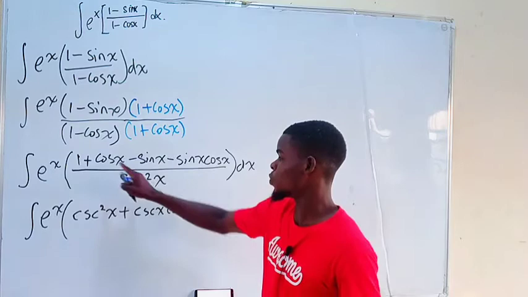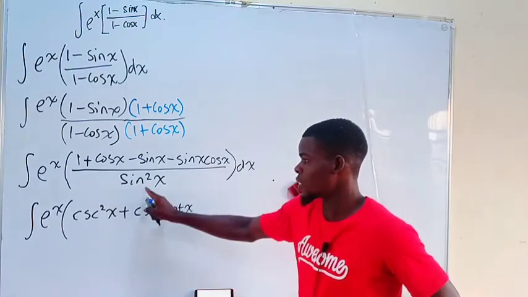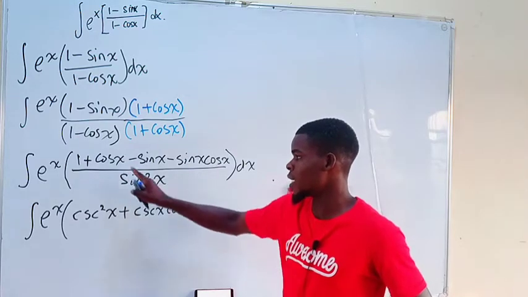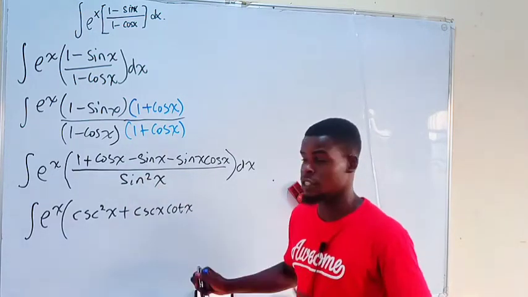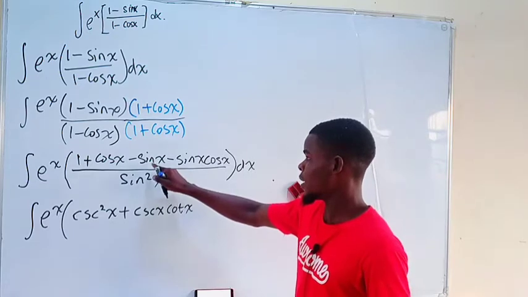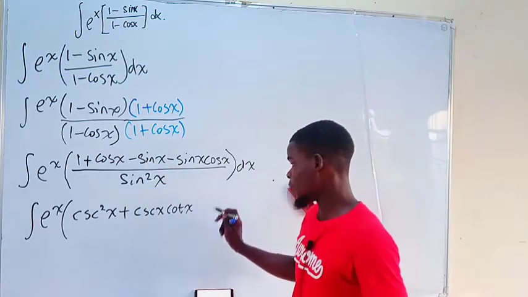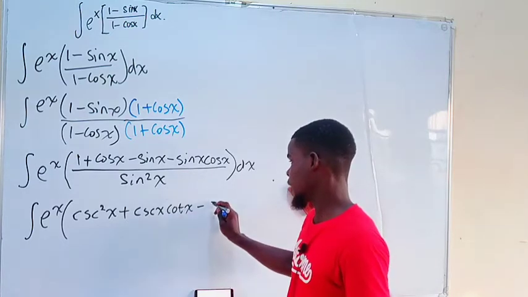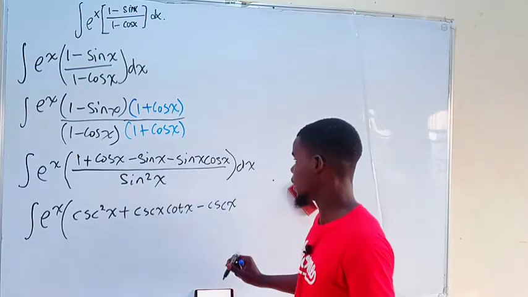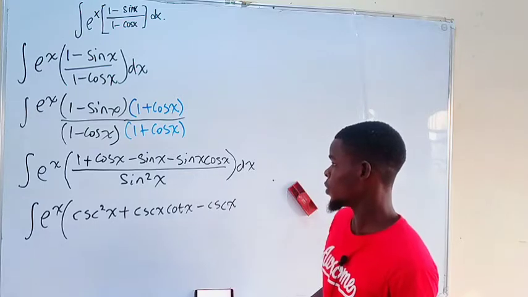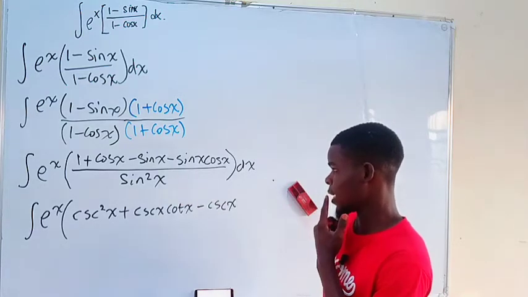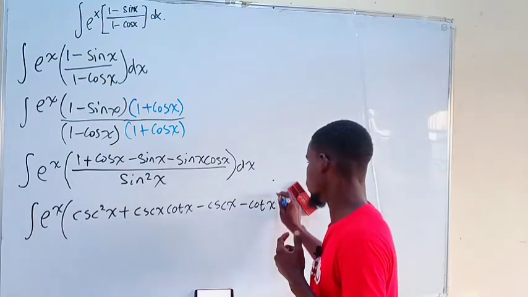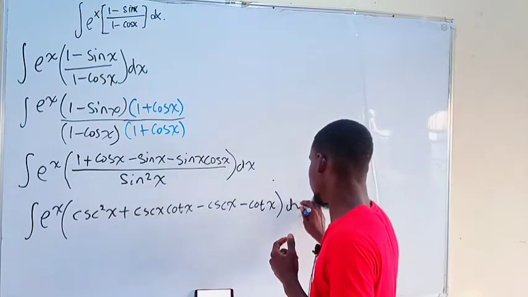If you divide this with sine squared, one of these sines can be pulled out. That will be 1 over sine, that will be cosecant, and then cosine x over sine x, that is cotangent. Great. And then negative sine x divided by sine squared x, that will be negative 1 over sine x, that is negative cosecant x. And this last term here, we cancel out this with one of the sines. We have cosine over sine, which is just cotangent x. Good. And that is just the dx like that.